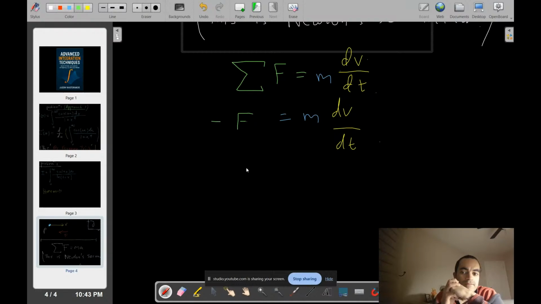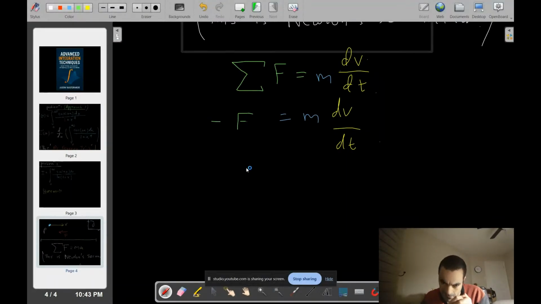Now F is equal to, let's see, dp dt. I think we can say something about the impulse. No, we don't, because we don't have any momentum here. Do we have momentum? Oh, wait a minute. Just 1 second.